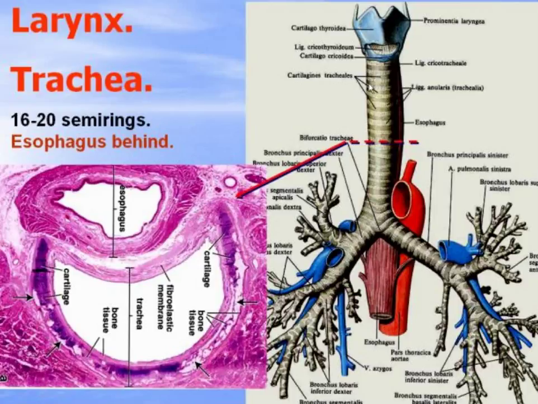It's a tube containing between 16 and 20 semirings of hyaline cartilage. The ends of the semirings are connected by connective tissue and smooth muscle tissue. This is because posteriorly behind the trachea there is an esophagus, and it's necessary for easy food entering through the esophagus.